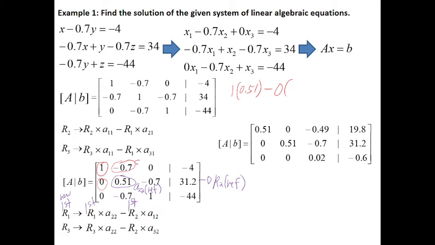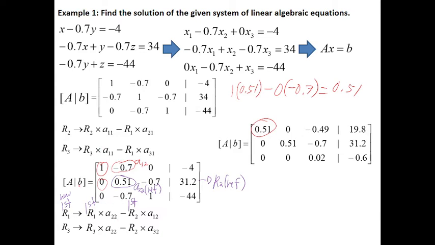Diba? A12. So, we have negative 0.7. Okay? So, kaya mapapansin mo, 0.51 yan. So, kaya nakuha yan, 0.51. Okay? Okay, so, we proceed.